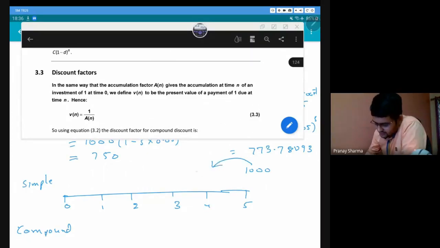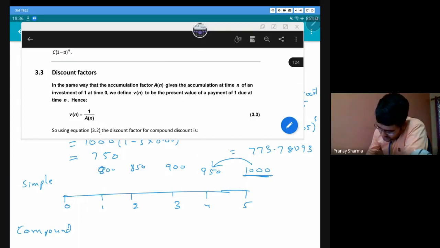For simple we are saying 5% discount for 1 year, that would be 50 rupees. So we'll have 950, then 50 rupees again, because for simple it will always be on the principal amount, always on the same value. So again 50 rupees discounted, so I'll have 900, then 850, then 800, and then 750. So I need to invest 750 such that I will get 1000 rupees in 5 years.